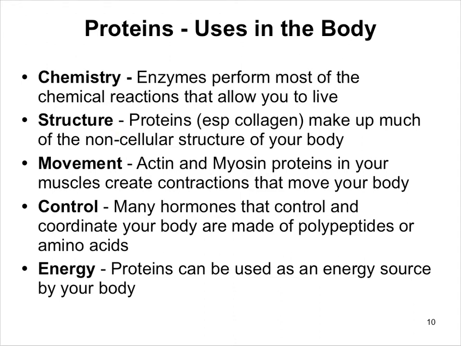Many proteins, some of which you may have talked about already, very briefly, go into making up the structure of the body. Particularly collagen. Collagen is a tough rope-like protein that actually has a tensile strength stronger than steel. And it is what makes up most of your body that isn't made out of cells. A lot of your tissues contain these collagen ropes that are going to bind things together.